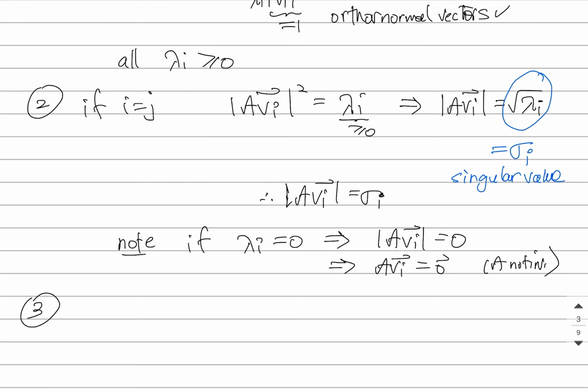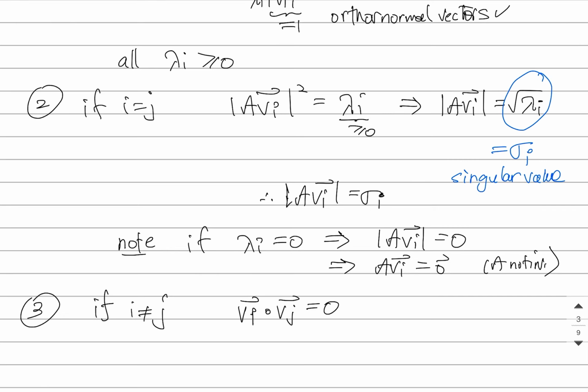Now the third property is going to be what takes us forward a little bit. If we compute this dot product and these two vectors aren't the same, remember that when we've got our orthogonal diagonalization, we've got two vectors that come from their two eigenvectors.